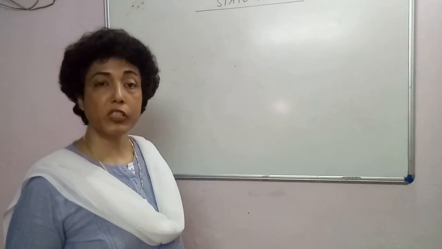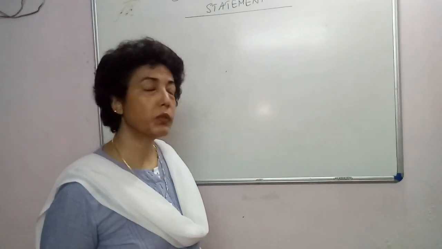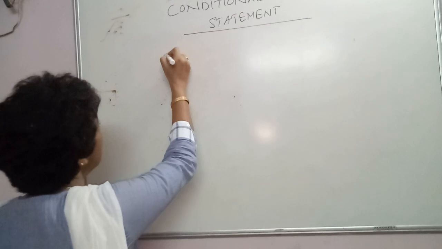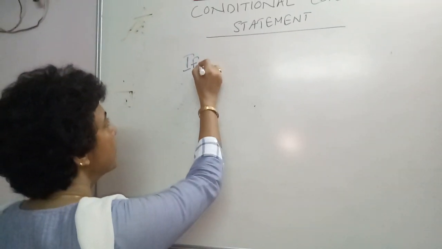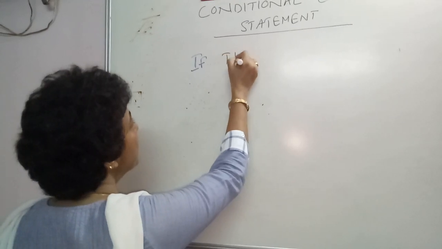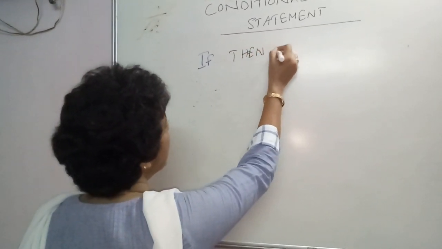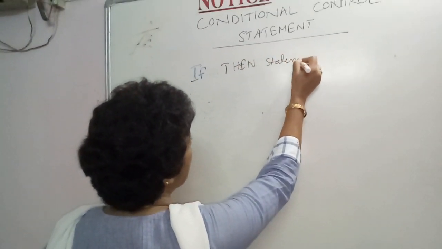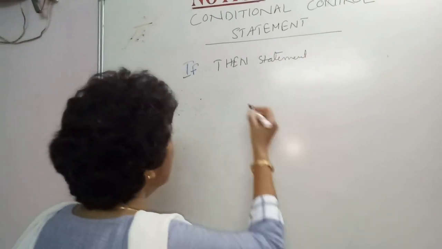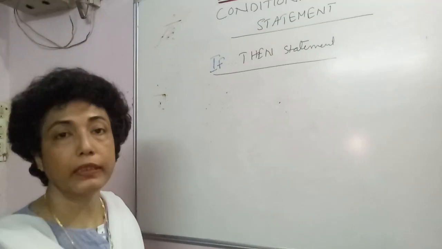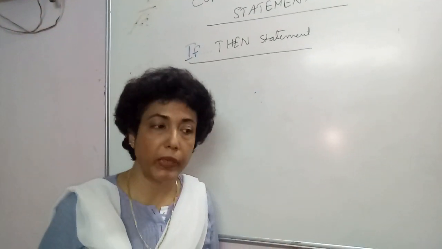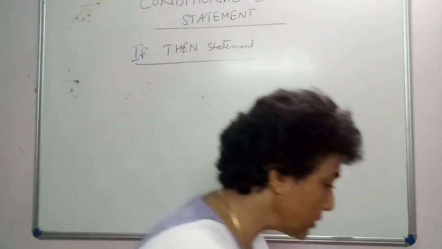Okay, now let us understand this with its syntax and example. So students, the first form of the conditional control statement is the simple if-then statement. As we have seen in the presentation, this is a conditional control or decision-making statement that takes a condition.